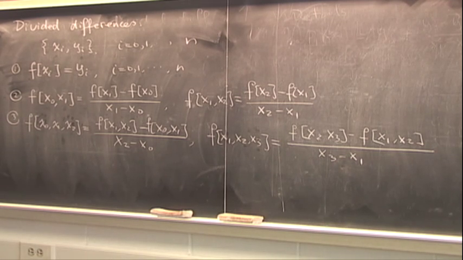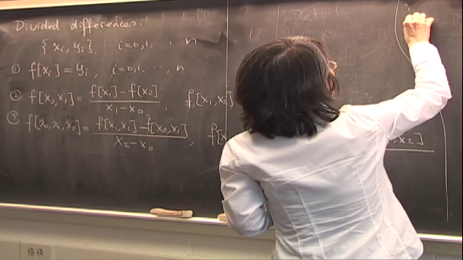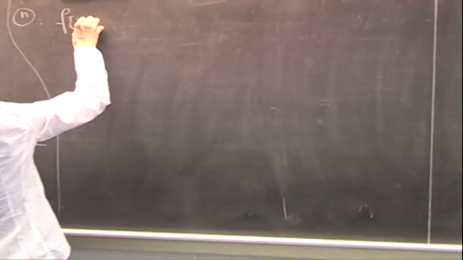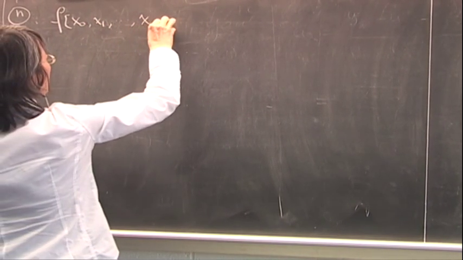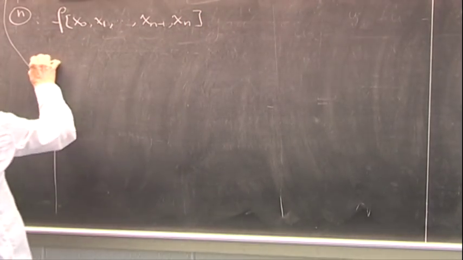So I'm erasing this A2 here. So the general one, you can continue doing this all the way to the nth level. You will have this f at x0, x1, up to xn minus 1, xn. How would that one be computed?